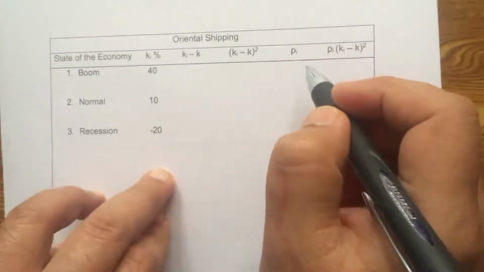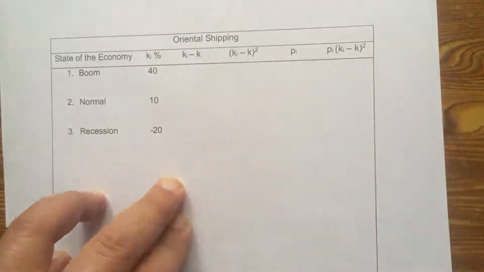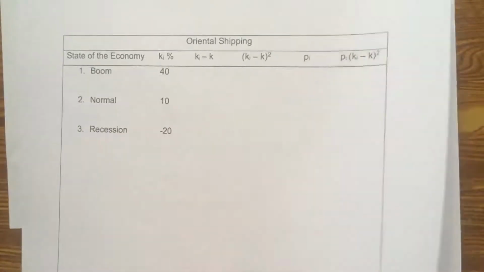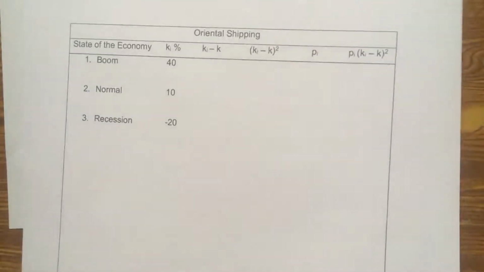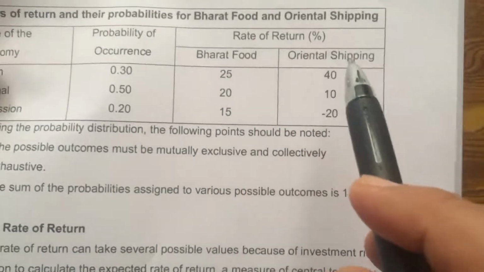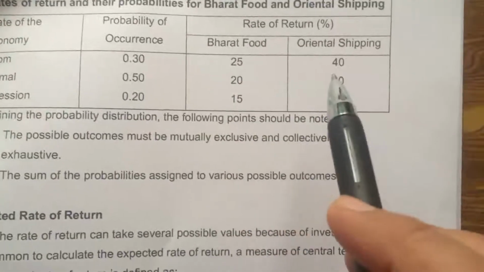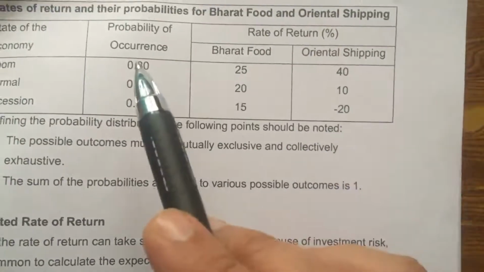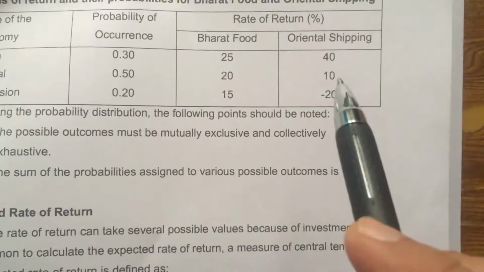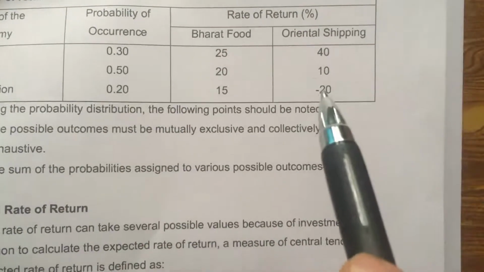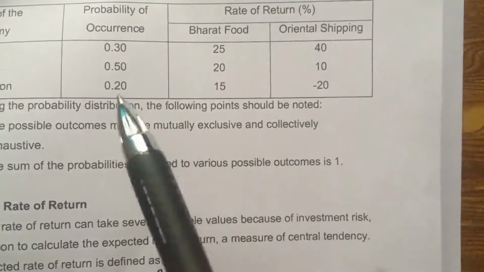Now we know the probability, remember, it's already given. What is the probability for Oriental Shipping? The probability that there will be a 40% rate of return is 0.3. Probability that there will be 10% is 0.5. Probability that there will be a minus 20% is 0.2.